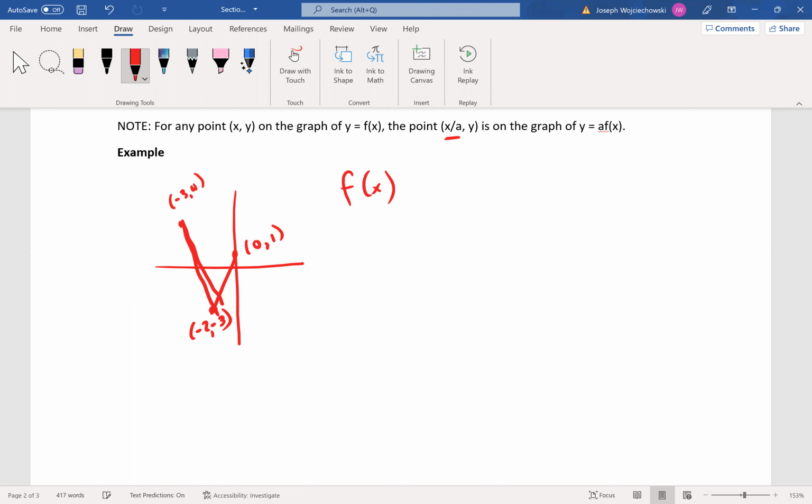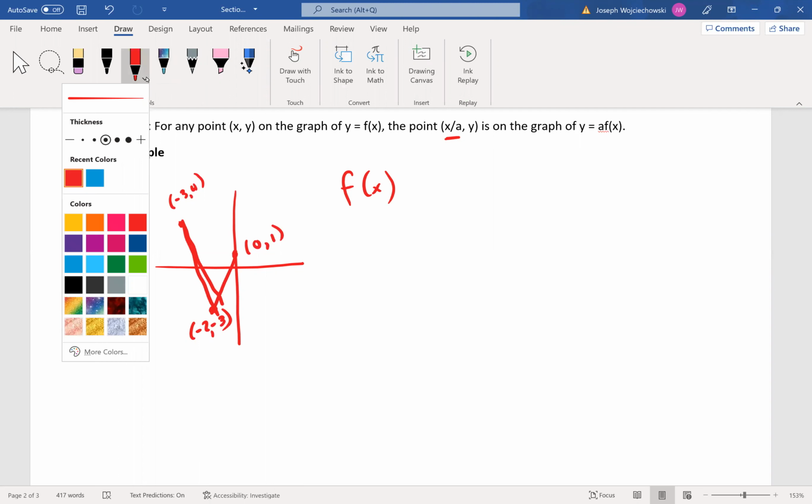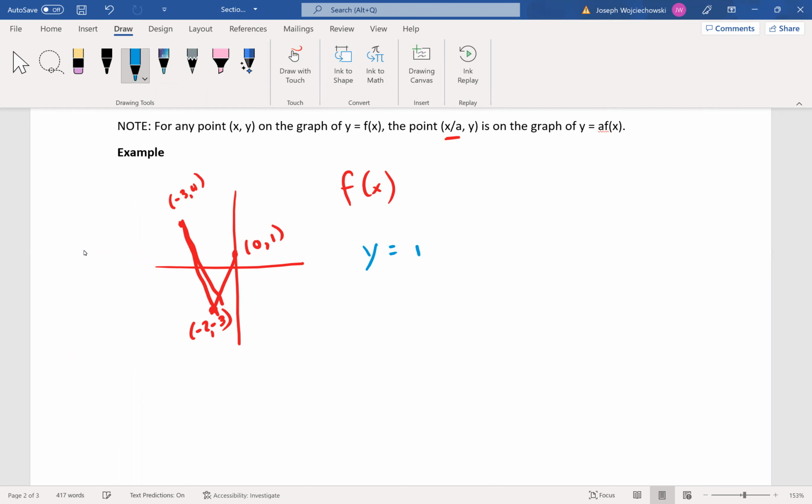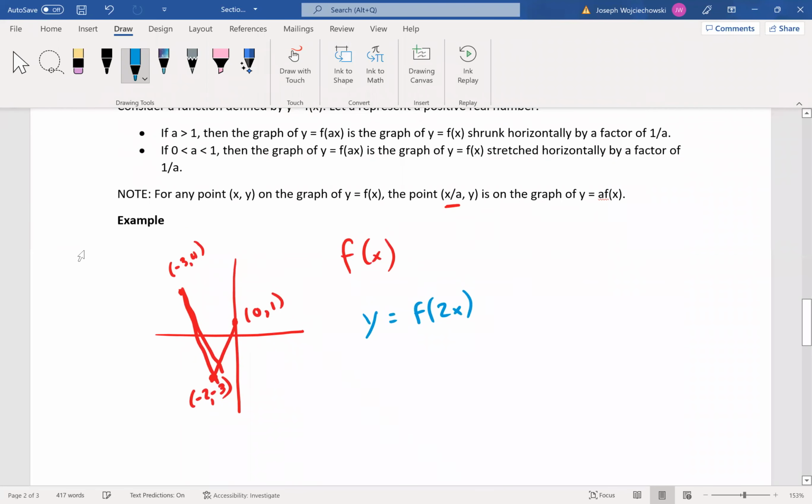f of x is in red. So let's change colors here, and we'll go y equals f of 2x. Now let's look at what this says. So a is 2. A is greater than 1.